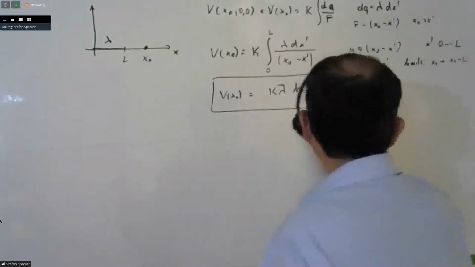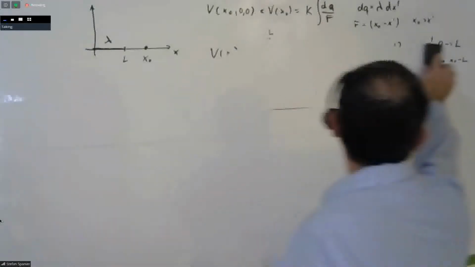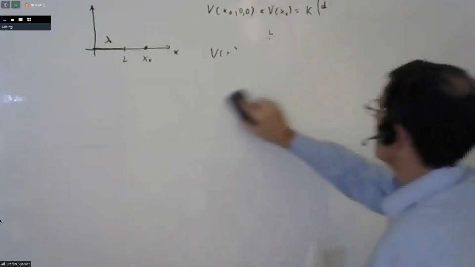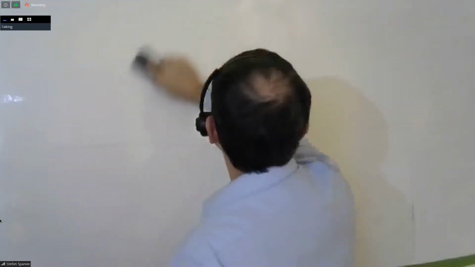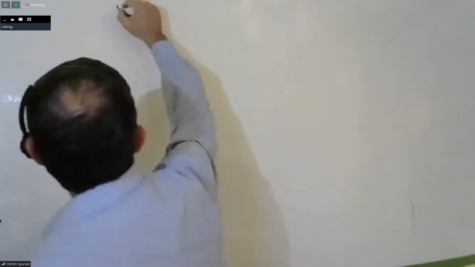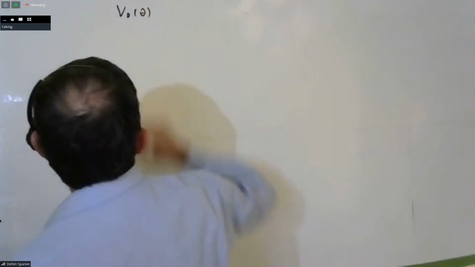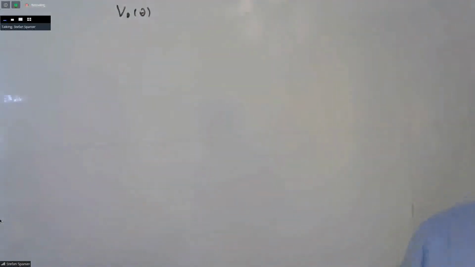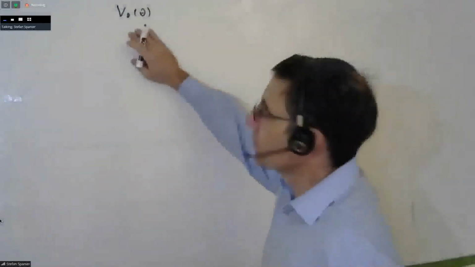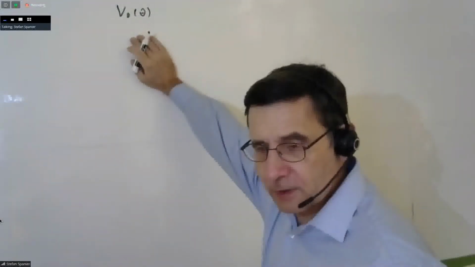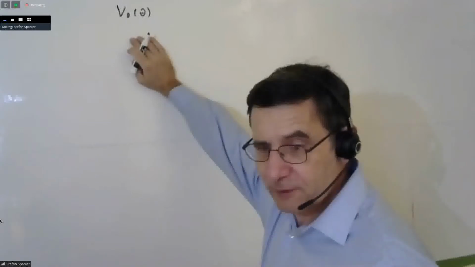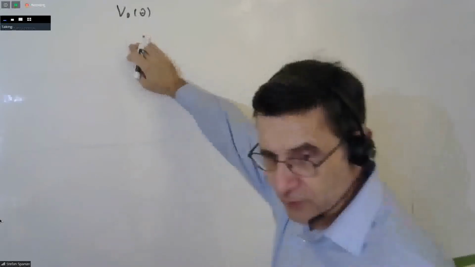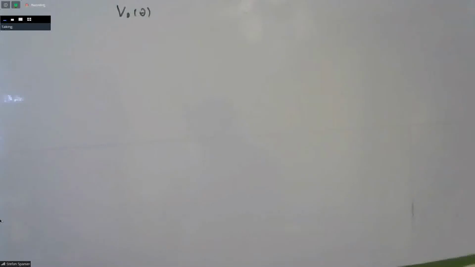So the final one, that's indeed a potential problem. And in this case, the potential is given. Remember, the other version of the problem is to give actually the charge density on the surface of a sphere, sigma from theta.